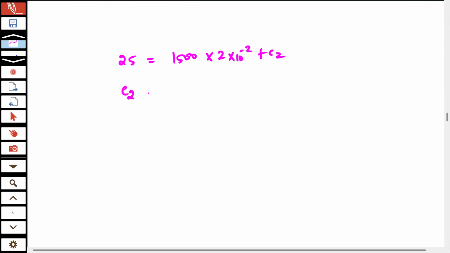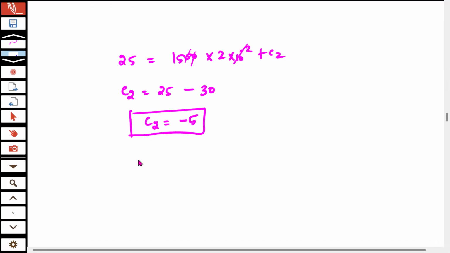So c2 will be 25 minus this 1500 into 2 into 10 power minus 2. The 10 power minus 2 and these two zeros can be cancelled. So this will be 30. So c2 is going to be minus 5. So now c1 is 1500, c2 is minus 5. Substituting this, we will be getting the voltage expression.